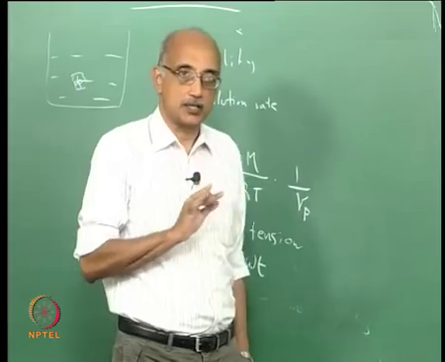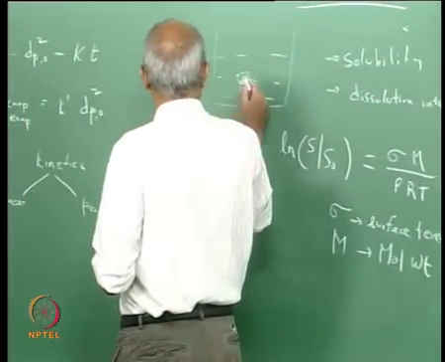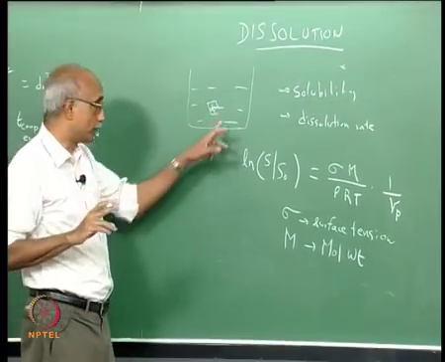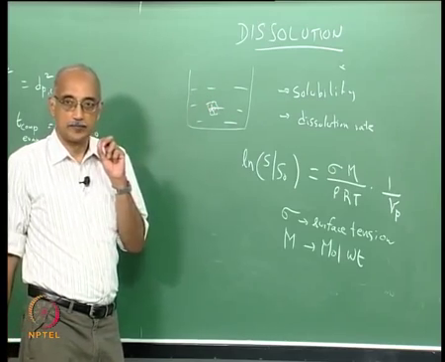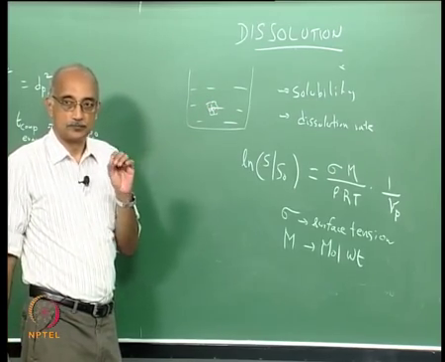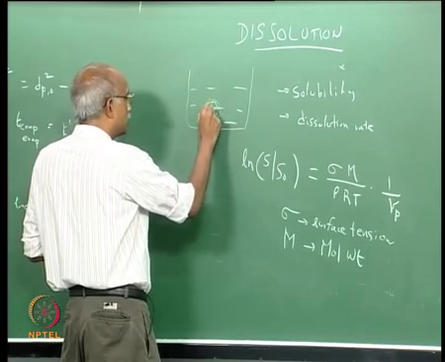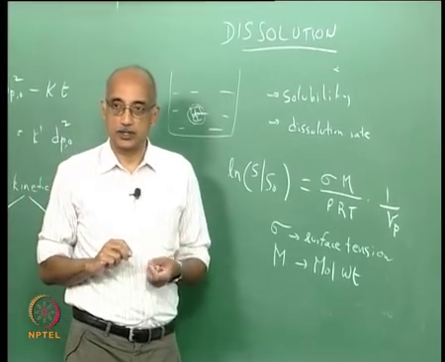Now, in this expression, if you look at it carefully, the dissolution process itself can be looked at as consisting of 3 stages. In the first stage, the atoms and molecules from the particle must first detach themselves from the particle and enter the liquid. And also there is a boundary layer that will surround this droplet or this particle that is immersed in a liquid.